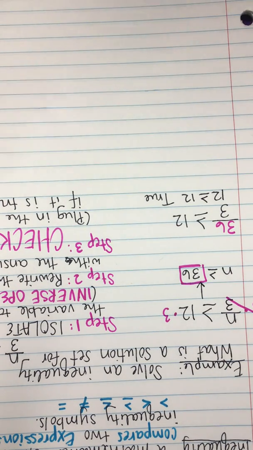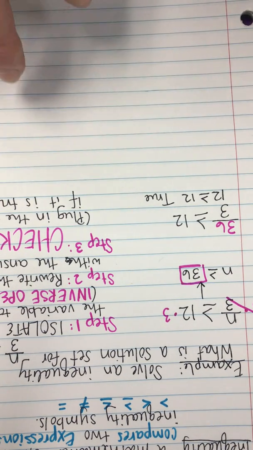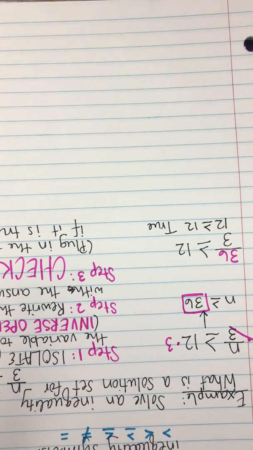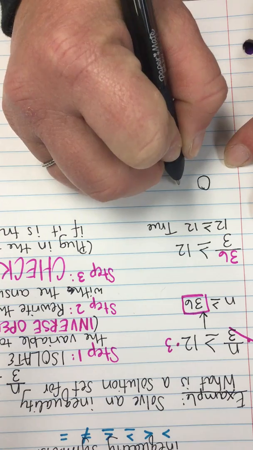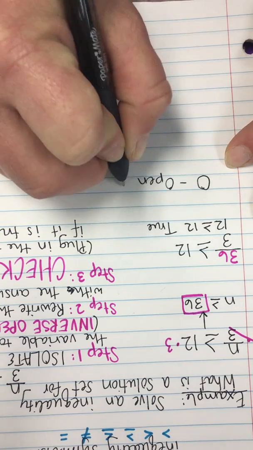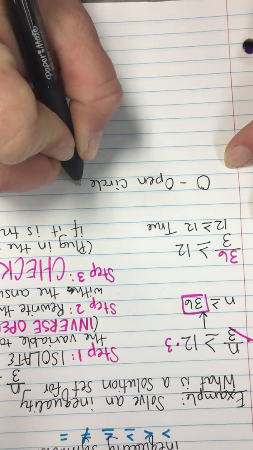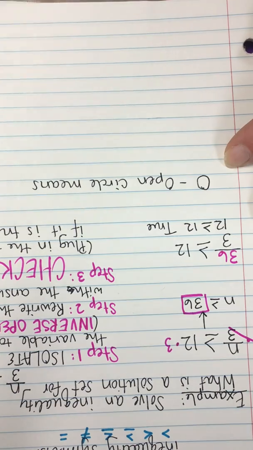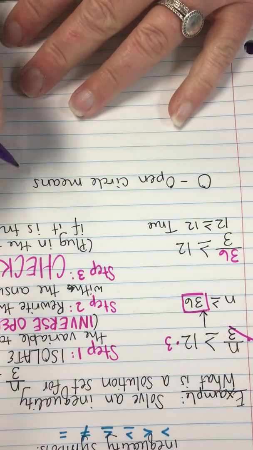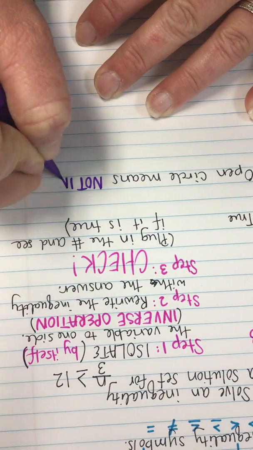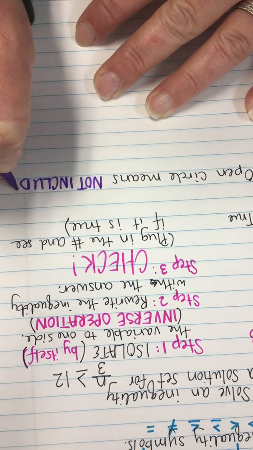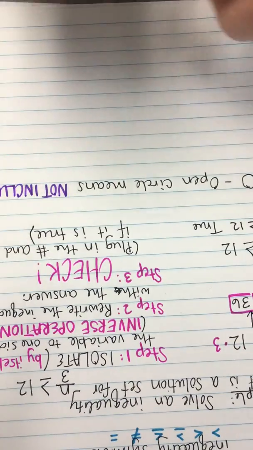Now, if we're going to graph this one, you need to know some information. An open circle means not included in the solution set.